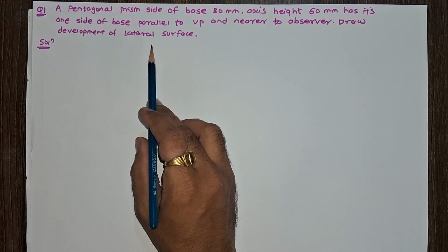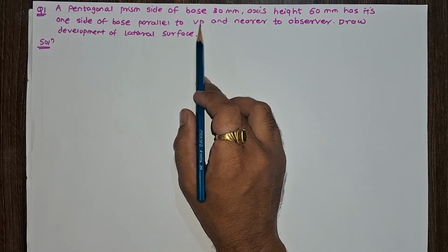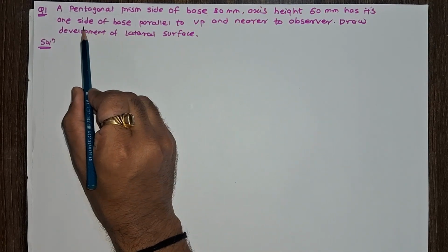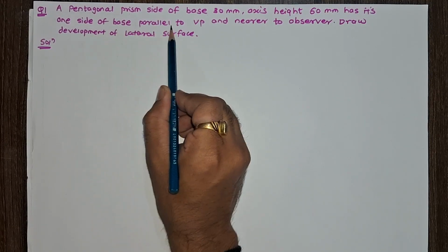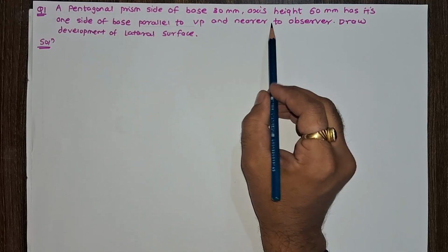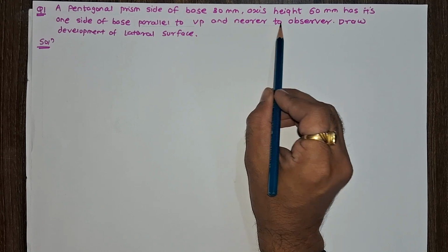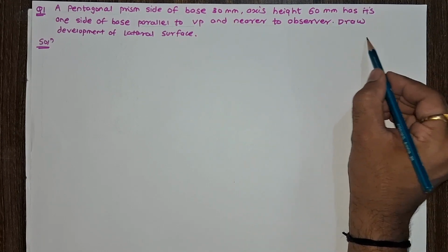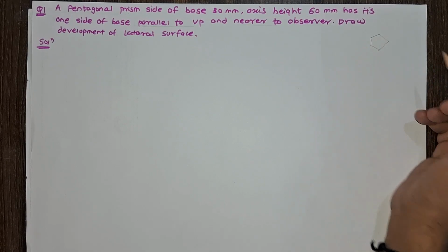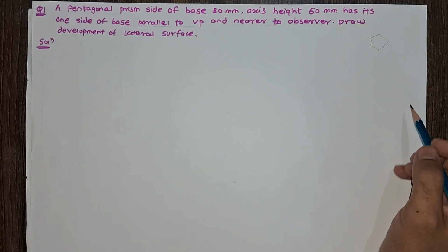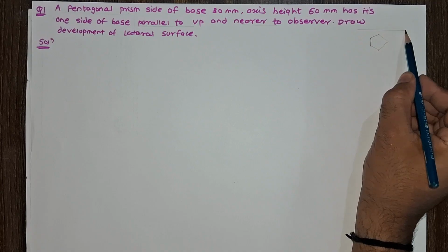Now here the problem statement is very easy, but one condition is given. That is, one of the base edges is parallel to vertical plane and nearer to the observer. Now we can see here the pentagonal plane. Now here the position is given.